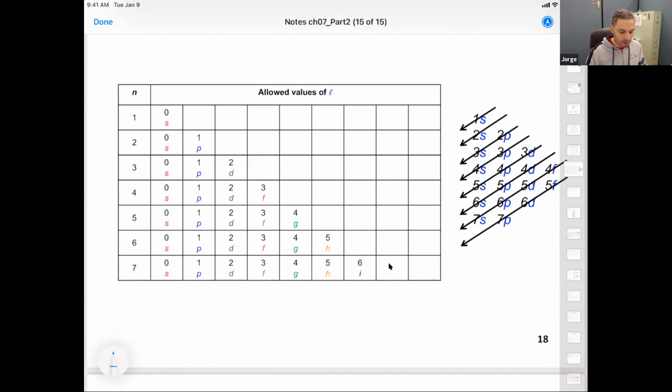Why? Because in the elements that we know, we don't have enough electrons to fill those orbitals. That doesn't mean they do not exist. They are there. Because there are not enough electrons, they are not populated, but they can be populated under special conditions.